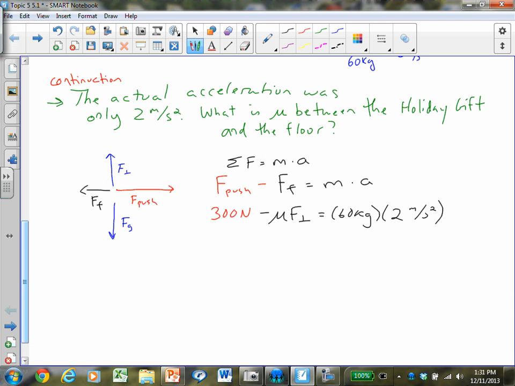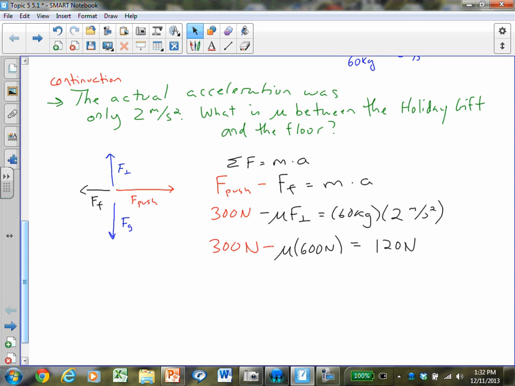And in that case, we want to know what mu is. We can fill in what F perpendicular is too, because it's equal and opposite to Fg, so it will be 600 newtons. This would be 120 newtons over here.